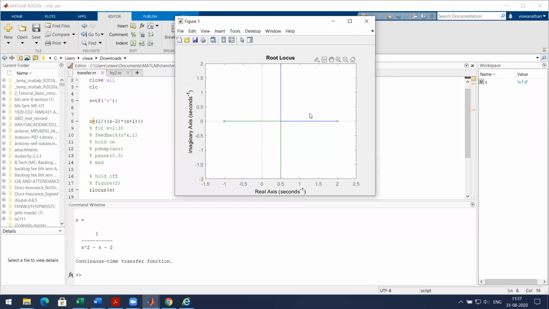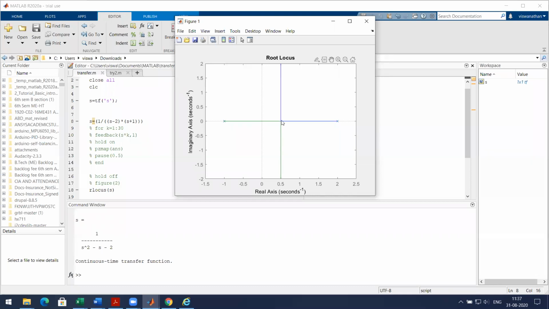So what can you do to make it stable? You need to have some controller. The KP alone is not helping, you need to have something else as well.